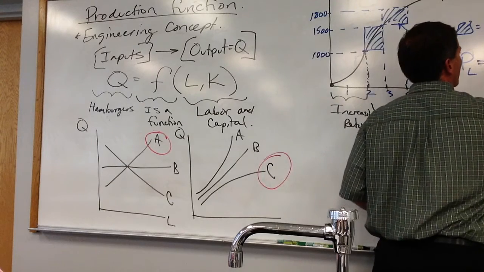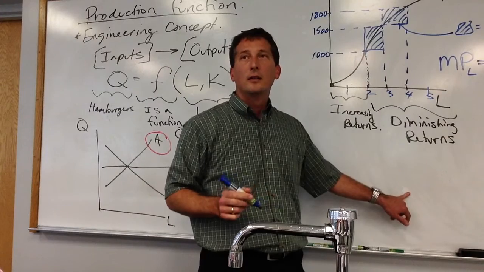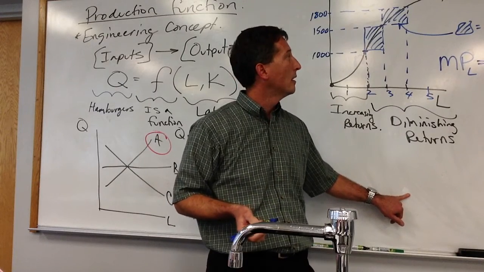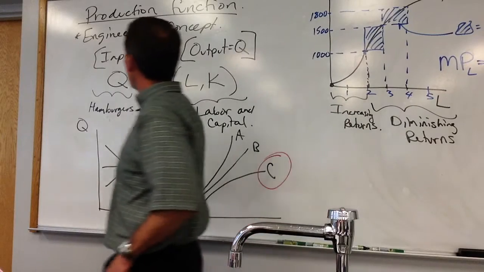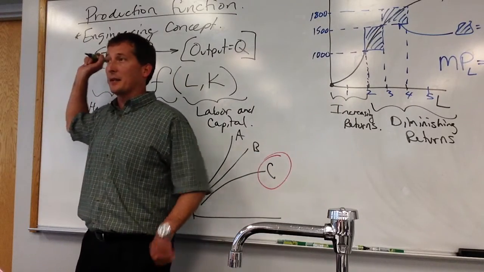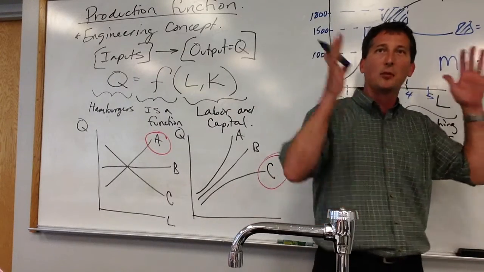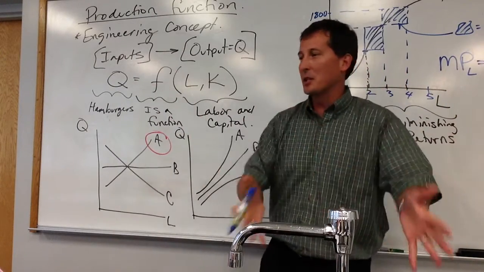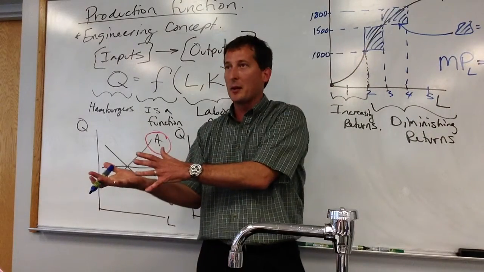Change in hamburgers from a change in labor. All of this, bear in mind, is an engineering concept. No dollars. We haven't talked about the price of labor, the price of capital. This is all a blueprint that some engineer has figured out how these resources turn themselves into hamburgers.